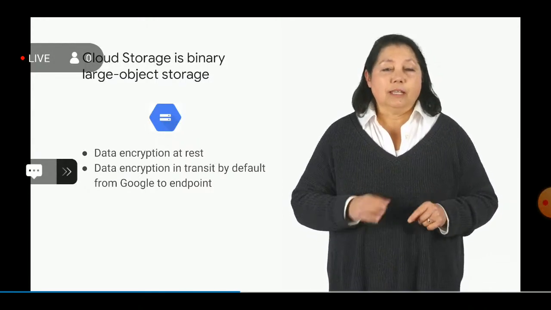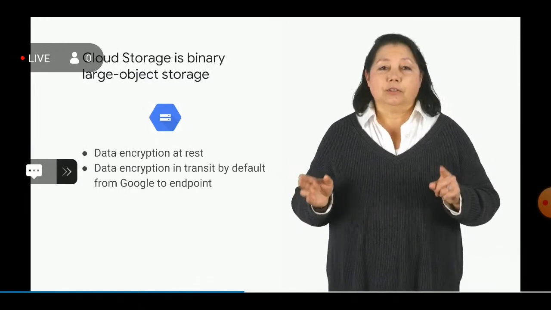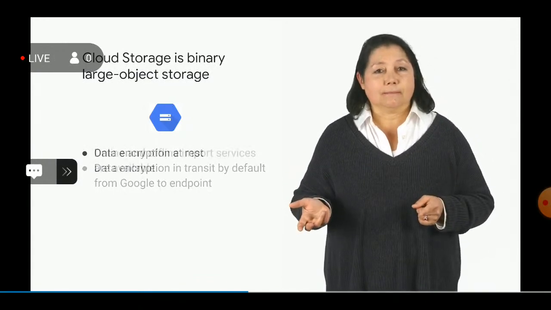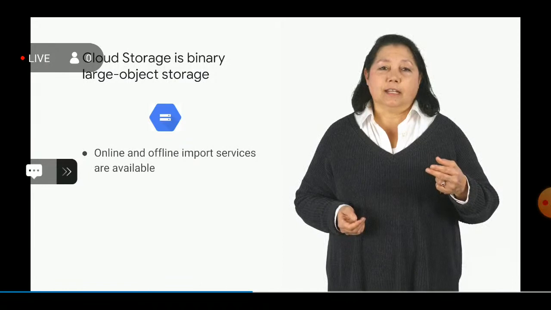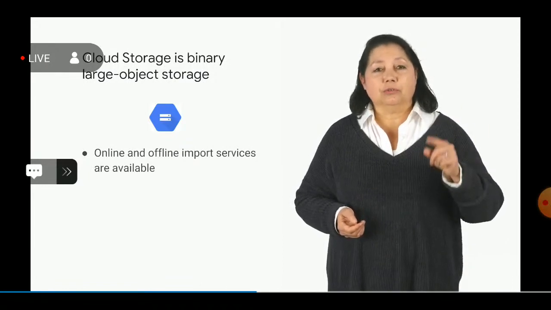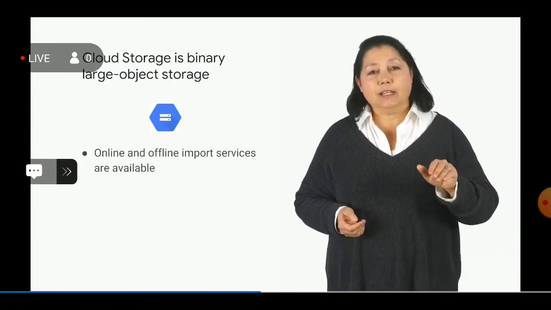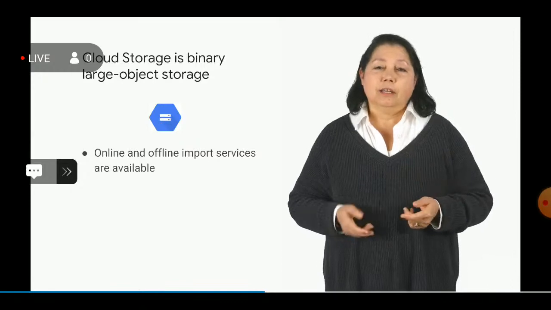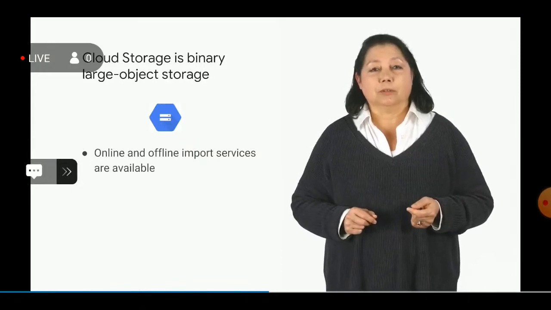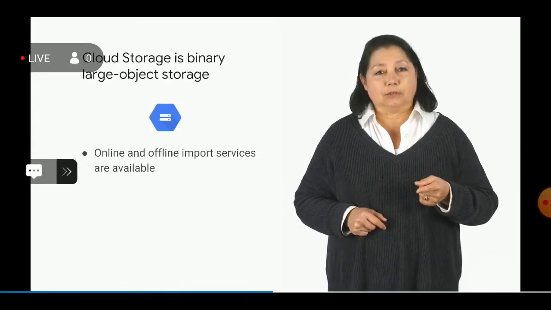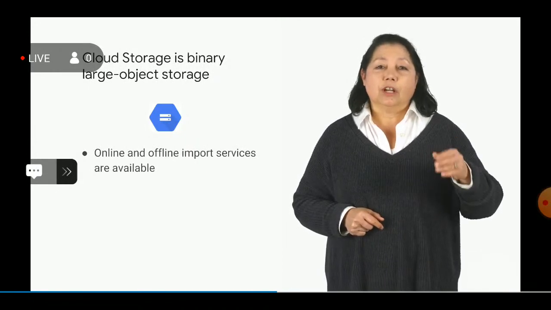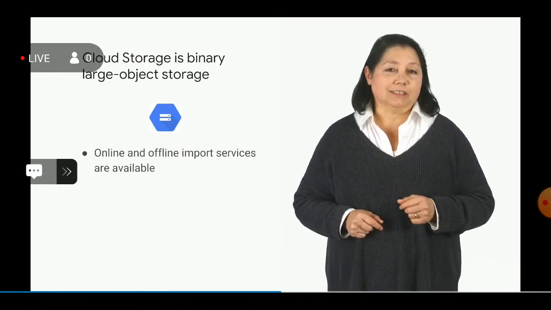Also, by default, data in transit is encrypted using HTTPS. Speaking of transferring data, there are services you can use to get large amounts of data into cloud storage conveniently. We'll discuss them later in this module. Once they're in cloud storage, you can move them onwards to other GCP storage services.